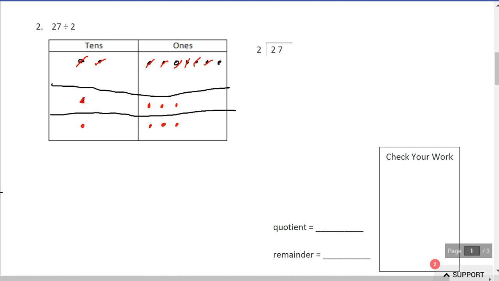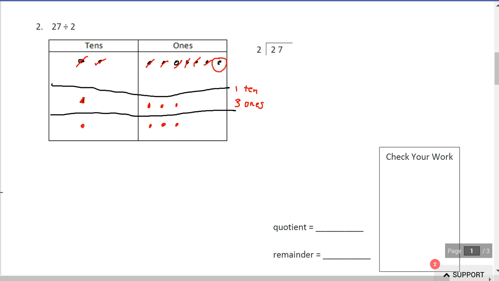So let's see, what do we have here? Well, we have 1 ten and 3 ones. But we have this 1 left over.